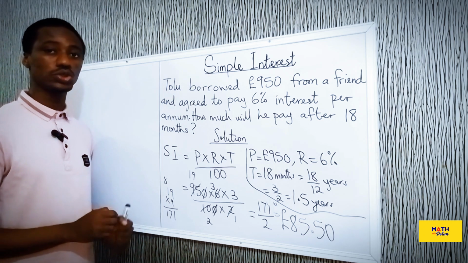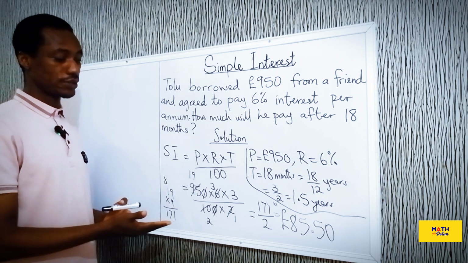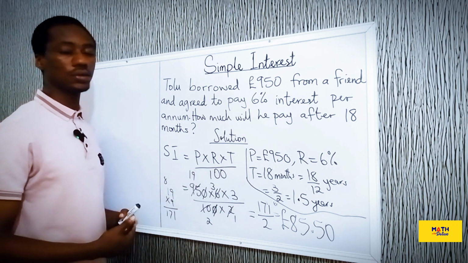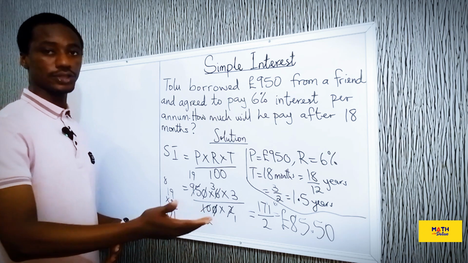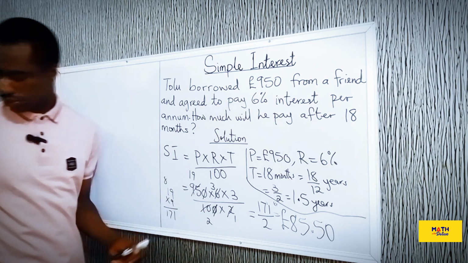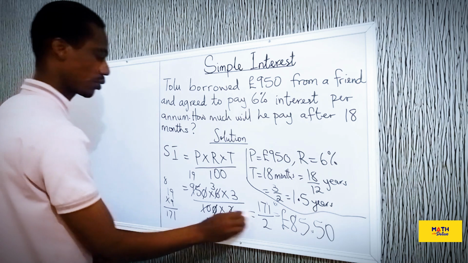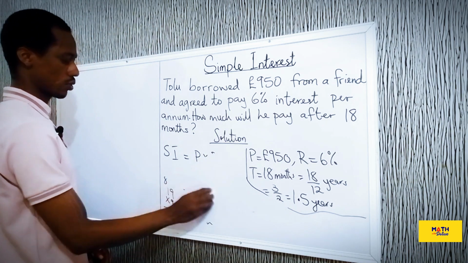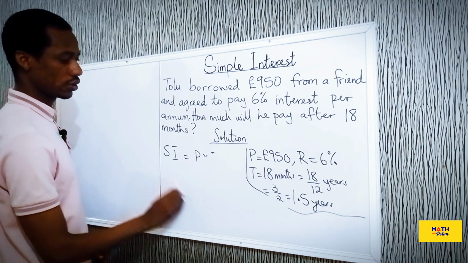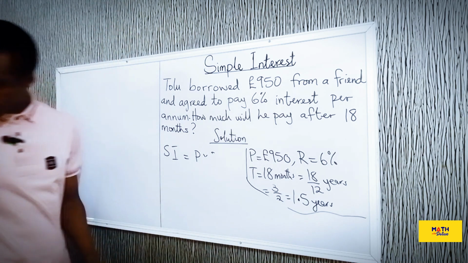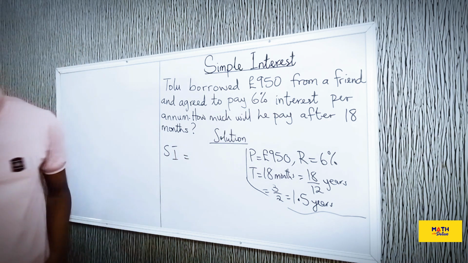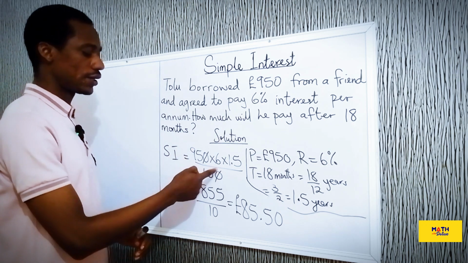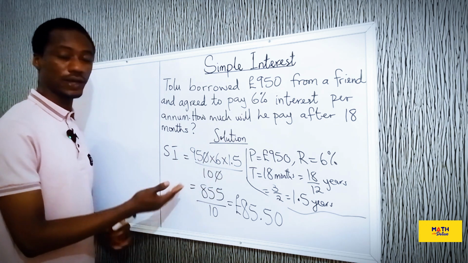Now I'd like to show you how to do it using the decimal. If you have your time in months and you want to convert it to decimal years and use that in your calculation, let me show you how. We have principal times rate times time, so we have 950 times 6 times 1.5 over 100.